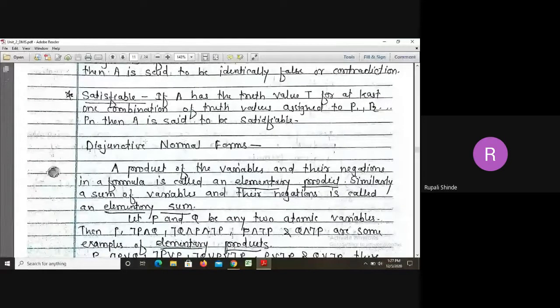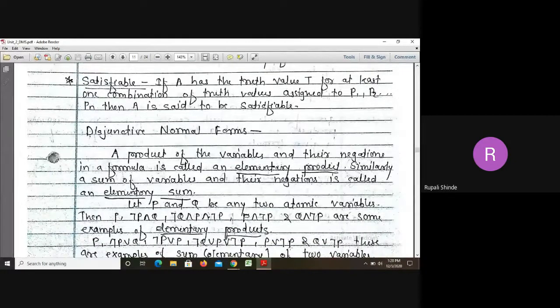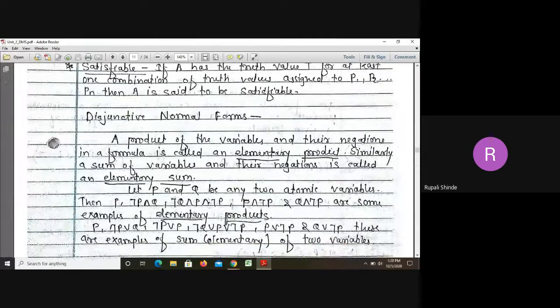If there are two different variables P and Q, then we can define elementary products as P and negation P, Q and negation Q, P and negation P, and so on. Why is this called an elementary product? Because we have taken the conjunction operation between variables and their negations.